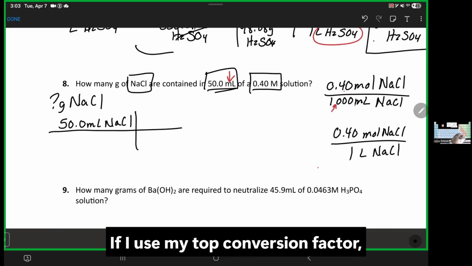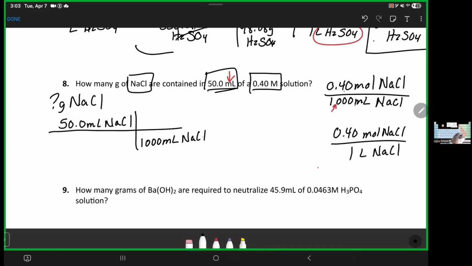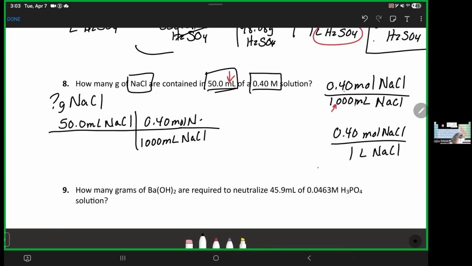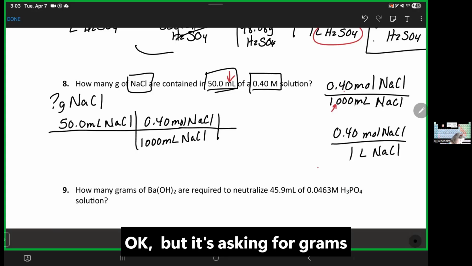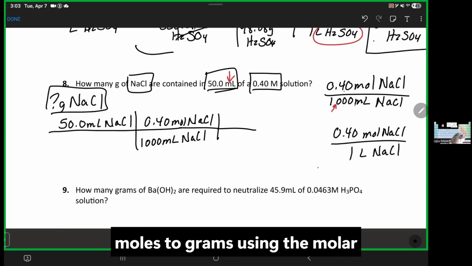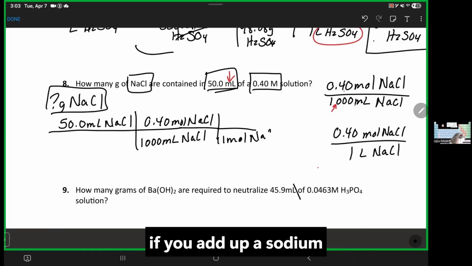If I use my top conversion factor, I just put my milliliters on the bottom, my moles on the top. Okay. But it's asking for grams. So we need to get from moles to grams using the molar mass. And on your periodic table, if you add up a sodium and a chloride, it is 58.44.